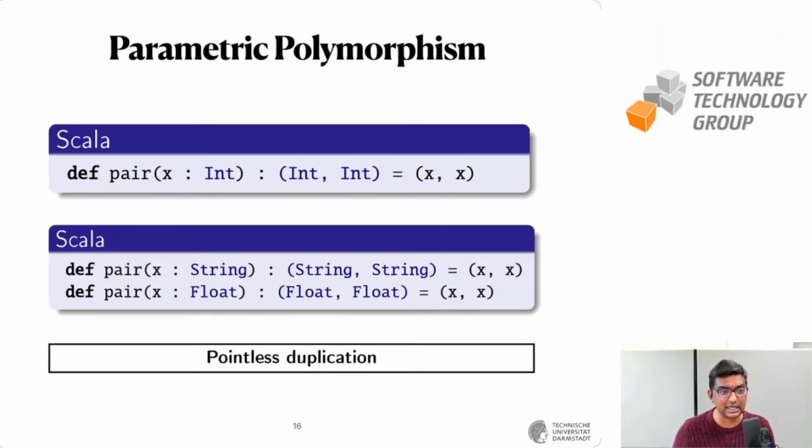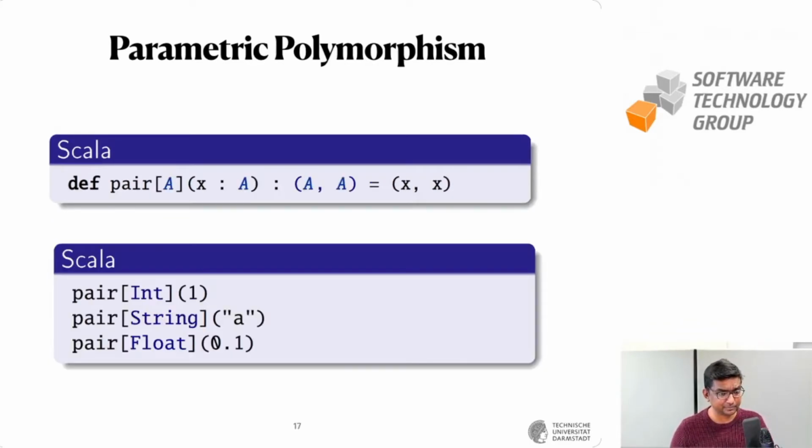What languages like Scala provide is a way to parameterize the type itself. Languages like Scala mitigate this by using type parameters. Let's look at the same function called pair from before, but instead of having a definition each for int, float, and string, it would have one definition which would take a parameter of type A. We don't know what A is yet.